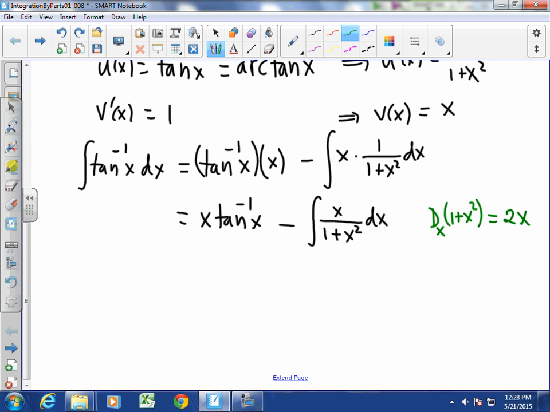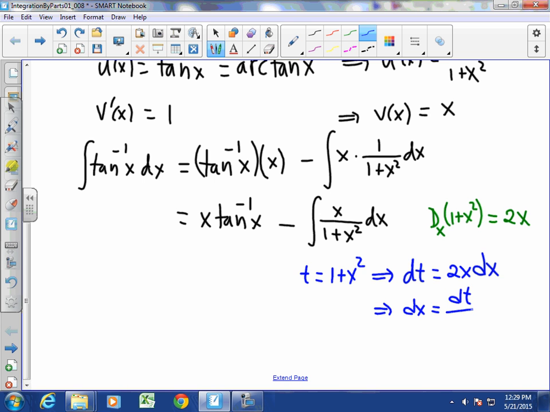So in this problem, let's do a change of variable, saying that t is equal to 1 plus x squared. That means dt is going to be 2x dx. And if you want to solve for dx, dx is going to be dt over 2x.